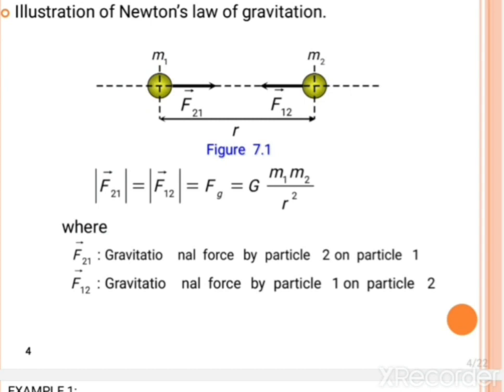If we have two particles or two objects, each particle must have its own mass, m1 and m2. Between these two particles, we produce an attraction force, F21 and F12. These attraction forces we call gravitational forces. The value of F21 equals F12, but in opposite direction.